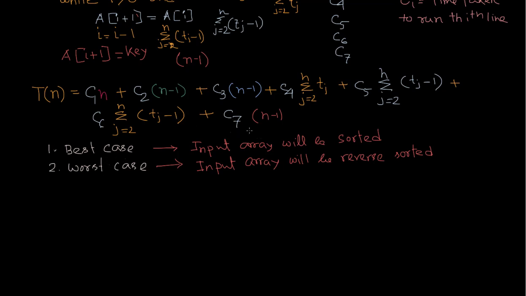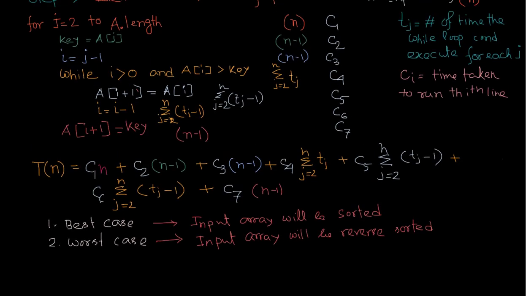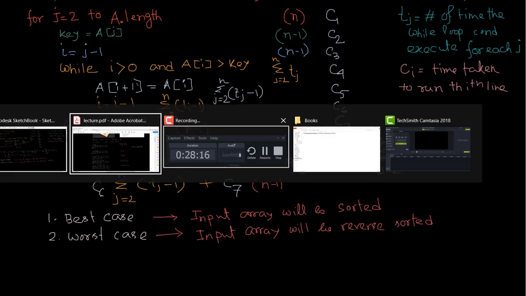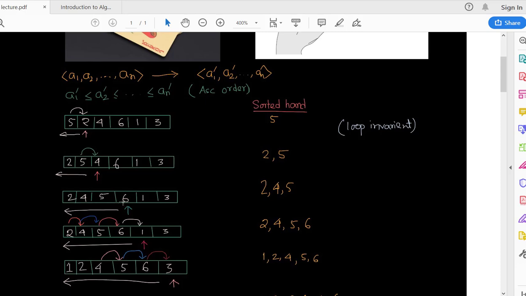Now let us think about what will happen to this tj in the best case and the worst case scenario. In the best case, the input array is already sorted, so if I go up over here, this condition a_i greater than key will always be false. If I compare it with this iteration, when we picked up 6 over here, the left hand portion is already sorted, so there is no element greater than 6.